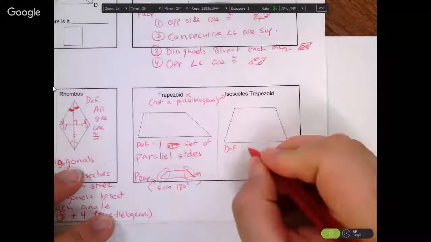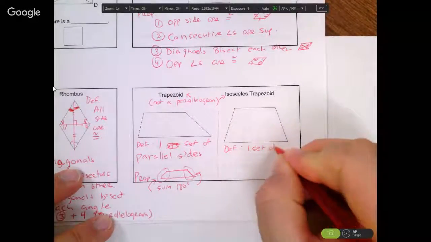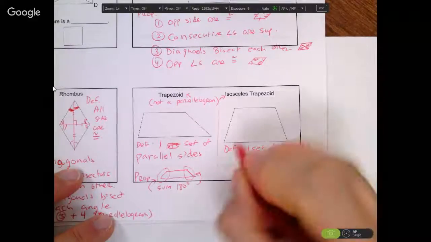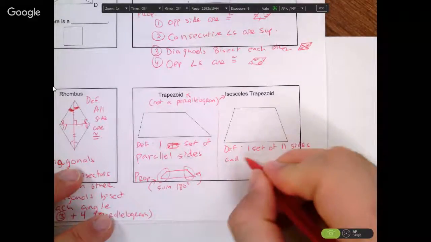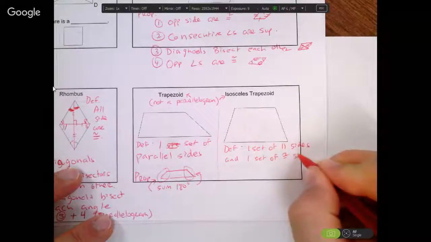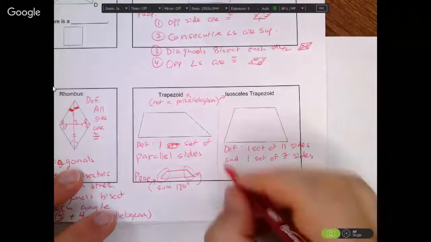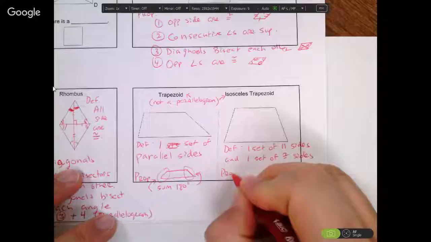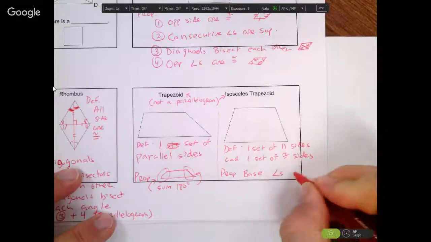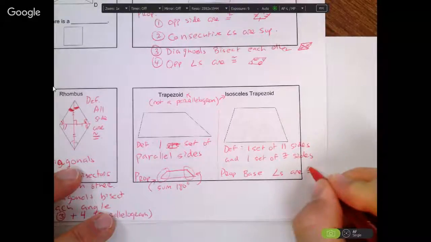One set of parallel lines and one set of congruent sides. Okay, and then the property is that base angles are congruent.